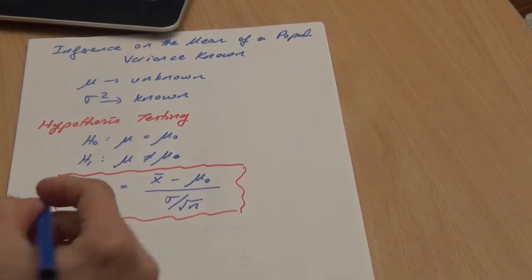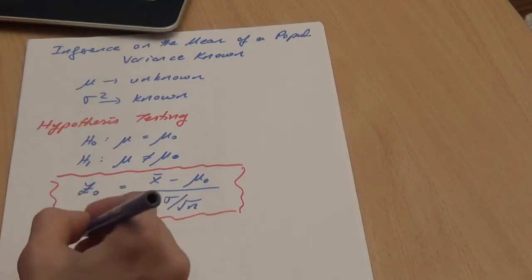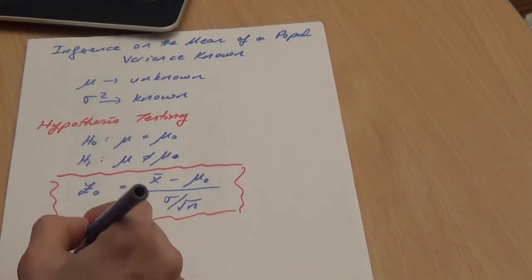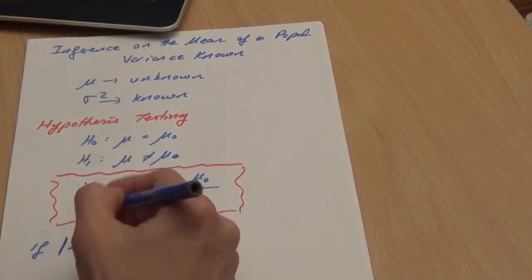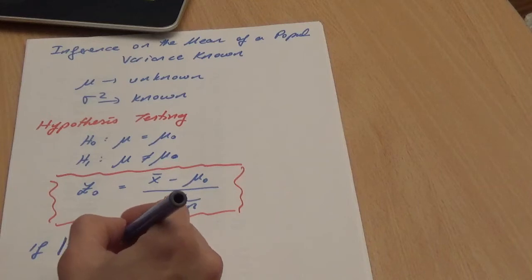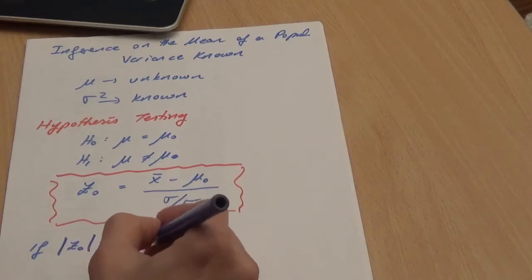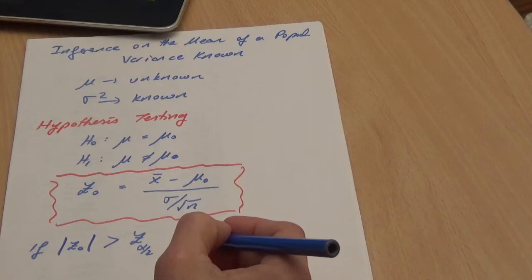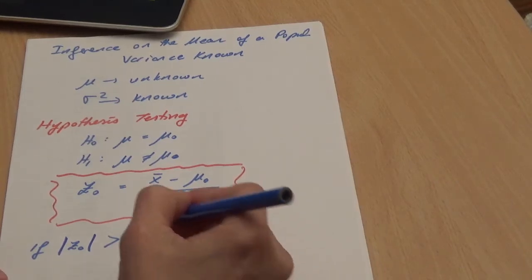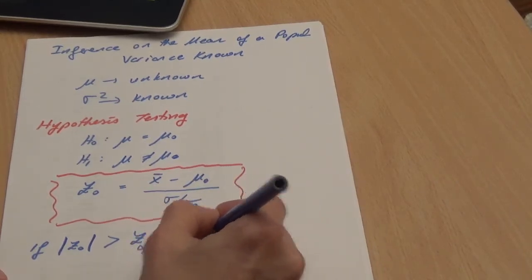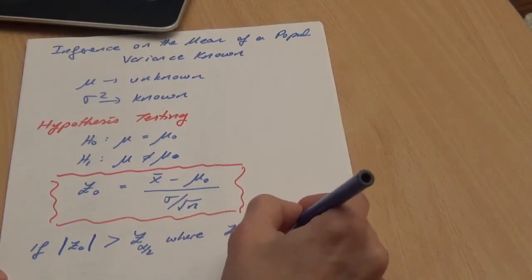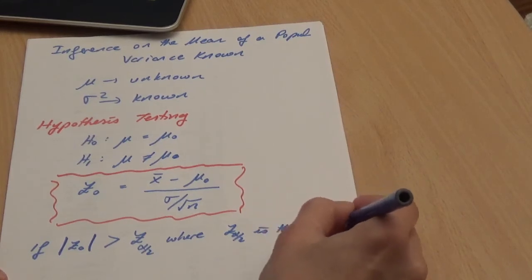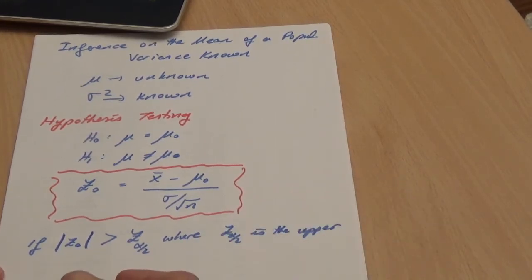and let's write it. If the absolute value of Z0 that we find is greater than z alpha over 2, where z alpha over 2 is the upper limit, we reject the null hypothesis.